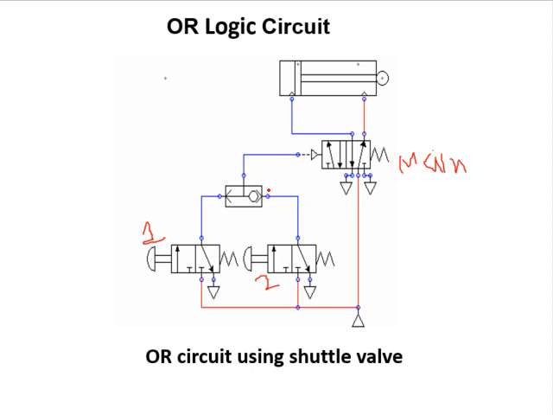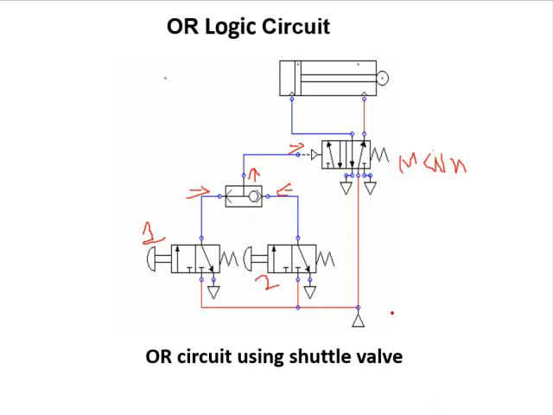Now a shuttle valve is placed with two inputs from the two push button type 3/2 DC valves. You can see these two are the input lines and the one output line will pass towards the pilot line to the main DC valve.